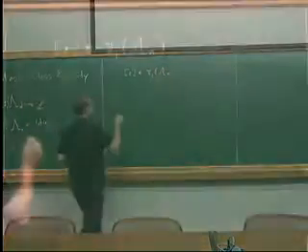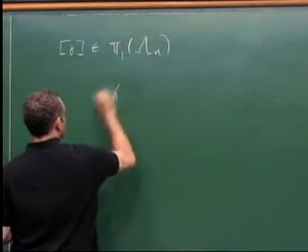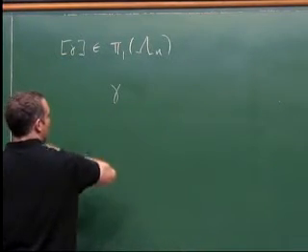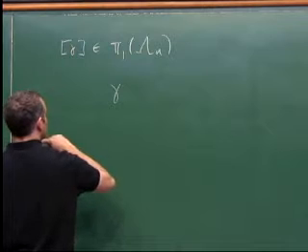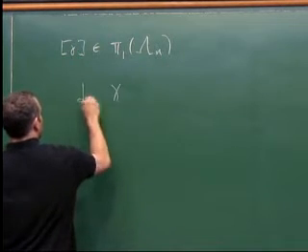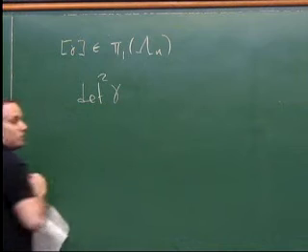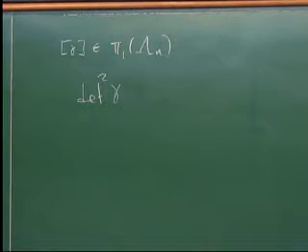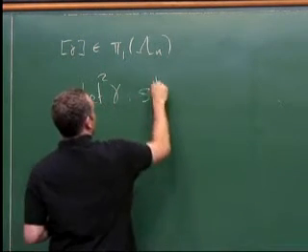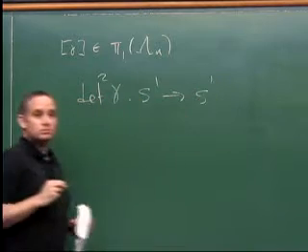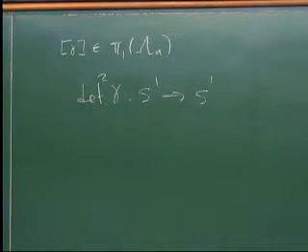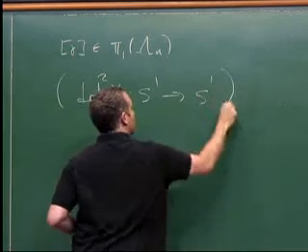we can consider a representative. That's a loop of Lagrangian subspaces. And then we can compose that with the square of the determinant map. So this will be a map from S^1 to S^1. And then we can take the degree of this map.